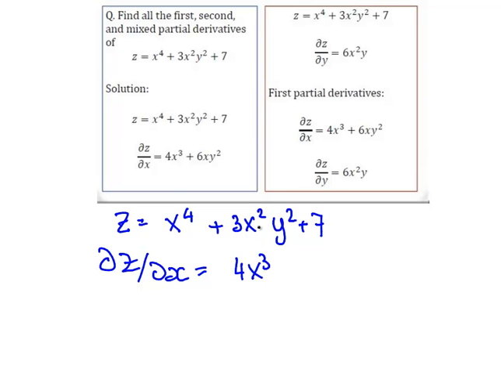Now, for 3x squared y squared, all we're dealing with there is x squared. So that's plus 3 times 2x times y squared.